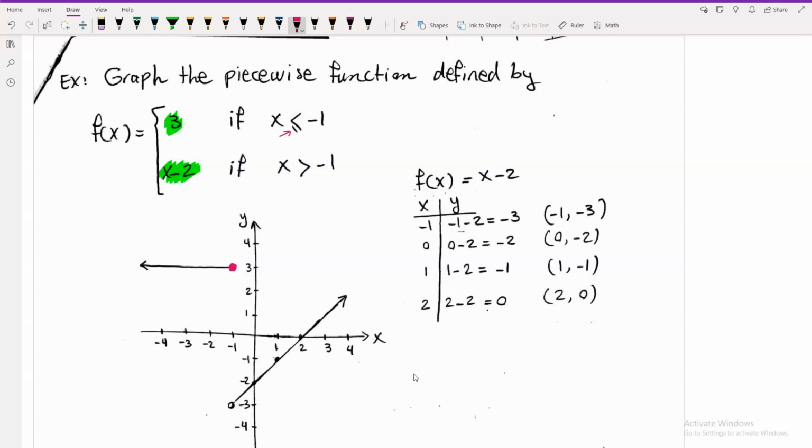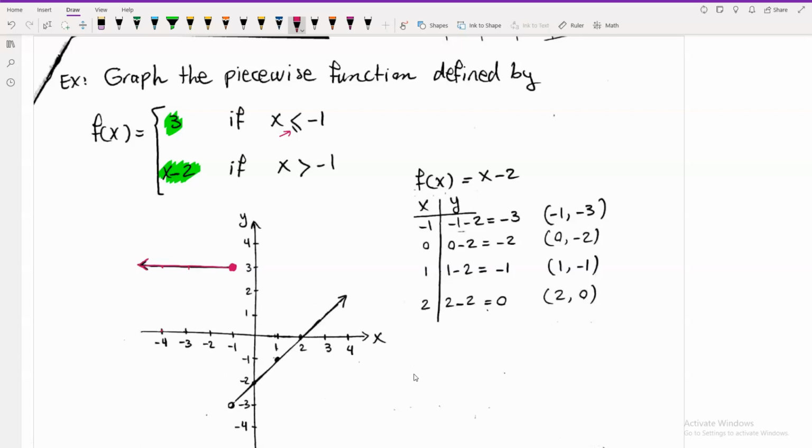So for -1 we have +3, for -2 we have +3, for -3 we have again +3, for -4 we have +3. So for all these x's we have the same value for y. So draw this horizontal line and use an arrow, because this doesn't stop.